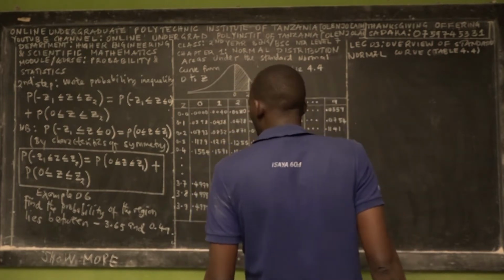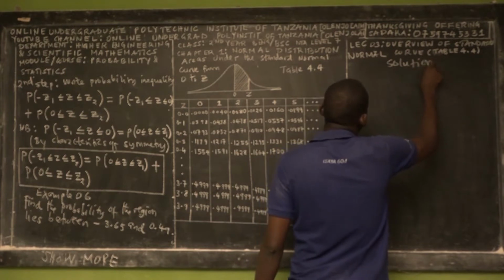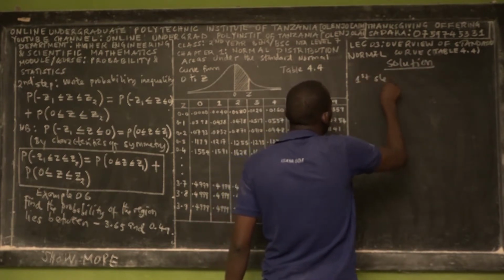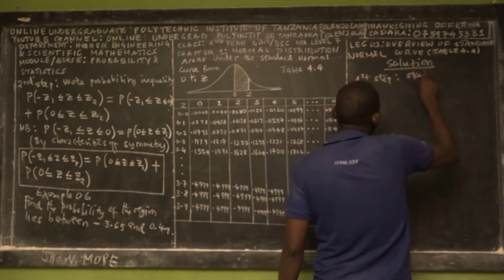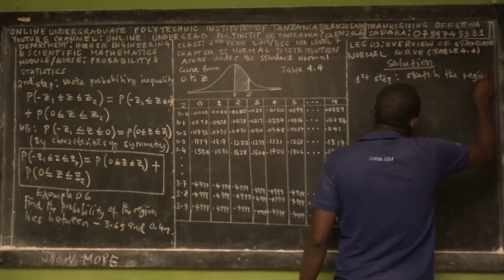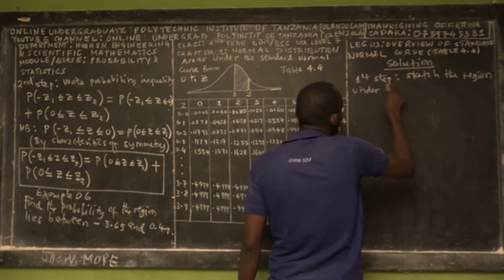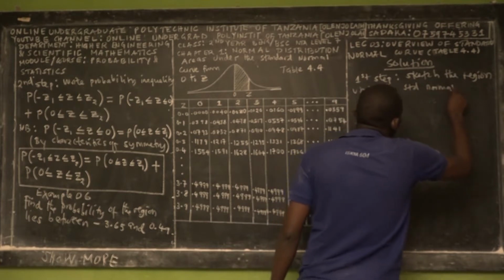So if this is the case, you say that solution. So the first step, you say that sketch the region under the standard normal curve.